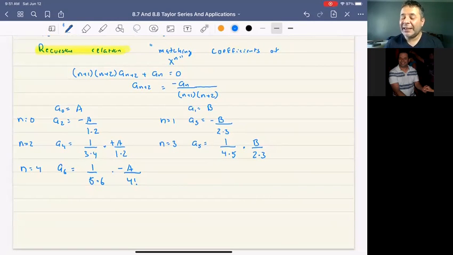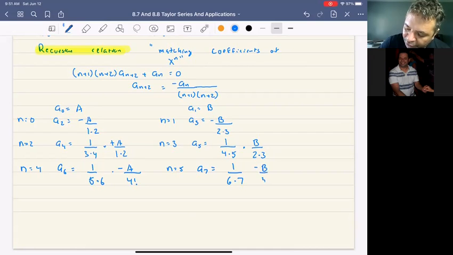The next one, n equals 5, a sub 7, is going to be 1 over 6 times 7, negative b over 5 factorial.